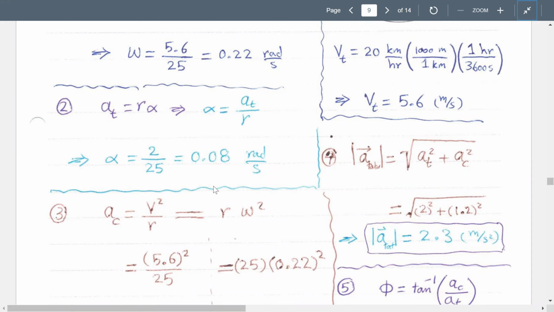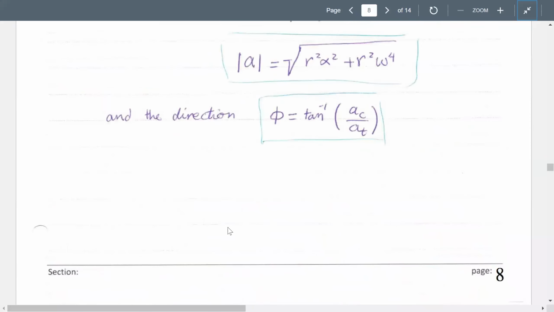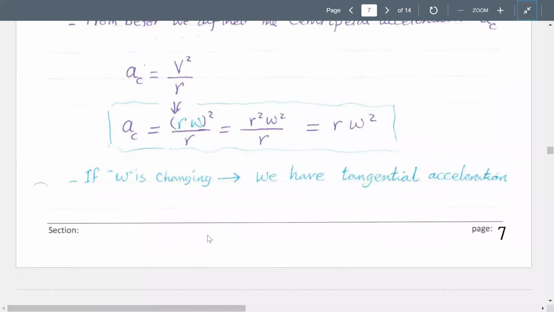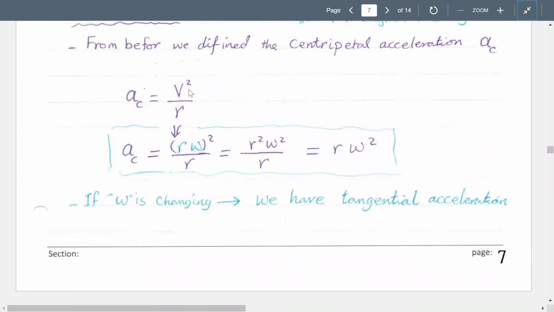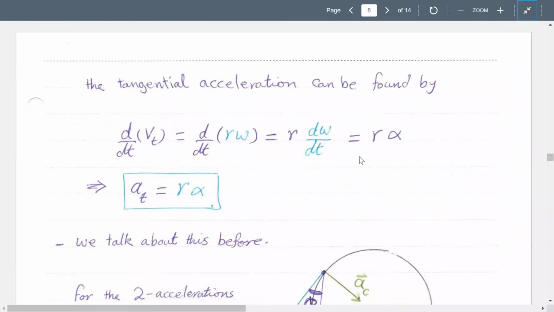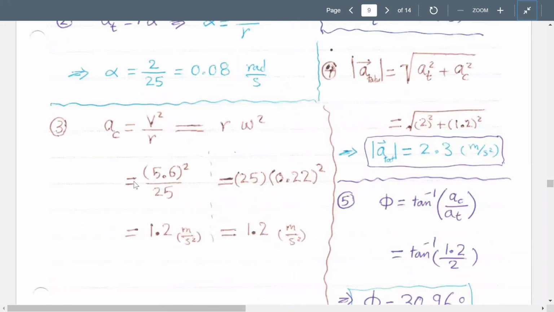What about the centripetal acceleration or radial acceleration? It is V square over R, or the same thing, R omega square, because we found that from before here. AC is V square over R, but V is equal to R omega. Then the centripetal acceleration is R omega squared. We can find it by the two ways.